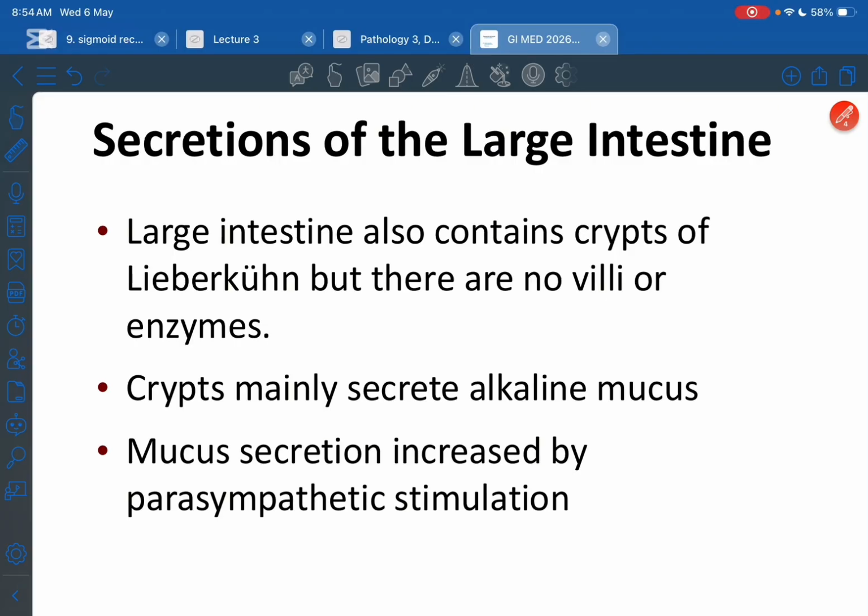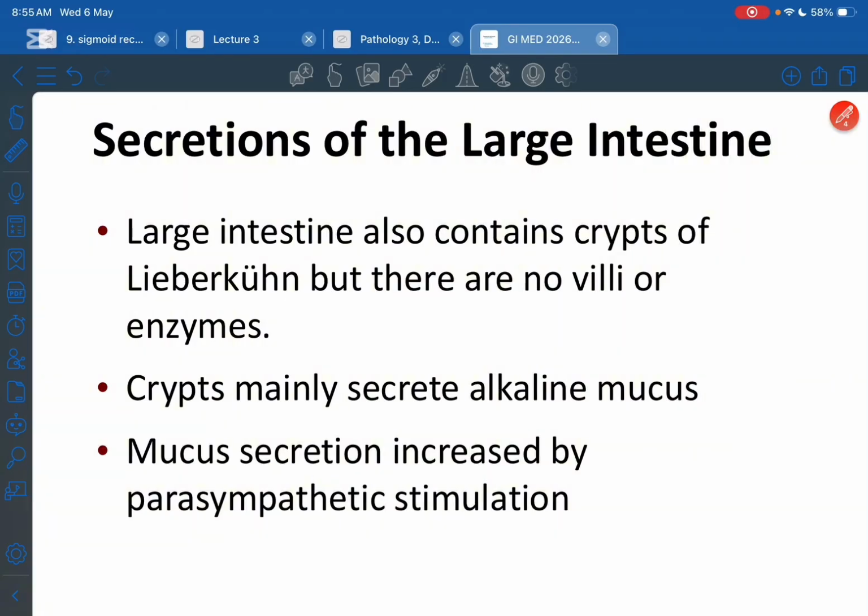We have water reabsorption. And we have some secretion of certain mucus, the aim of which is to lubricate and to make things move easily, to decrease resistance. So we have certain cells to secrete mucus, but we have to remember we have no enzyme secretion. As we described before, we don't have villi. After the exam I will explain about absorption, the role of the villi and microvilli in increasing the surface area, which is essential for absorption.